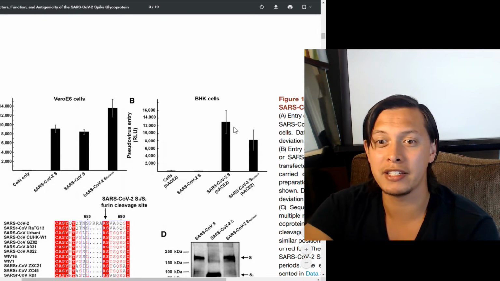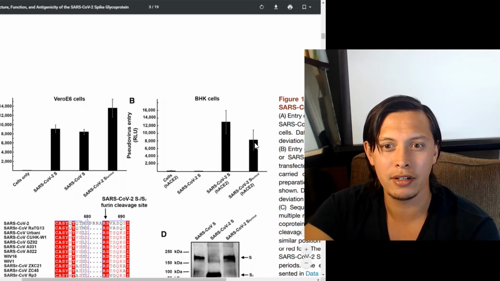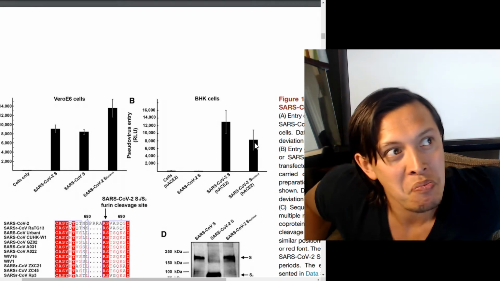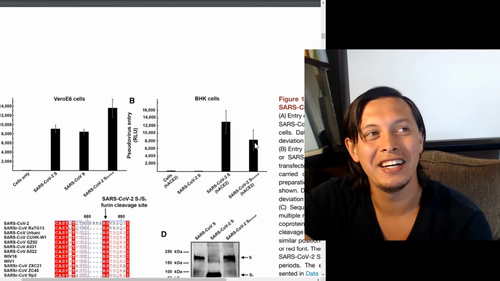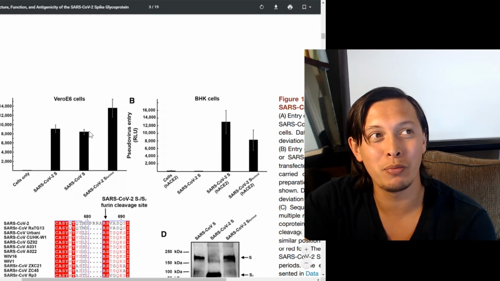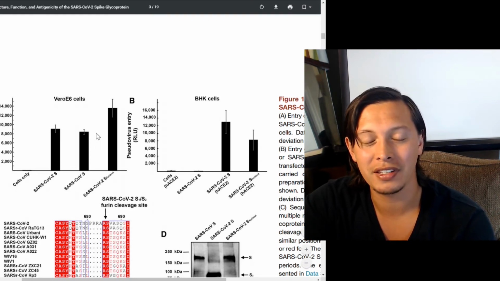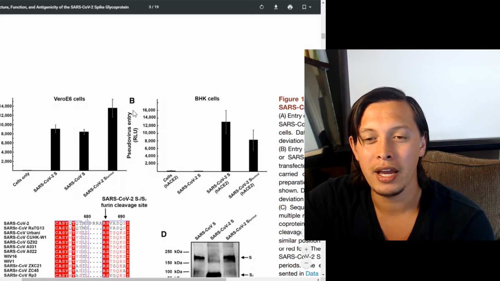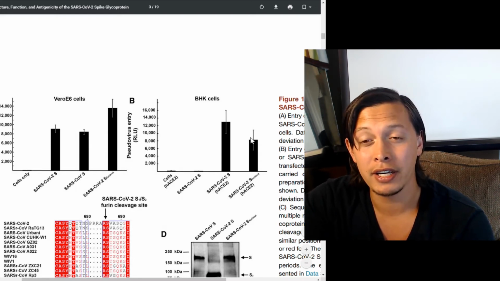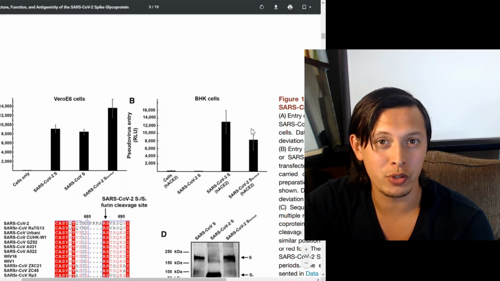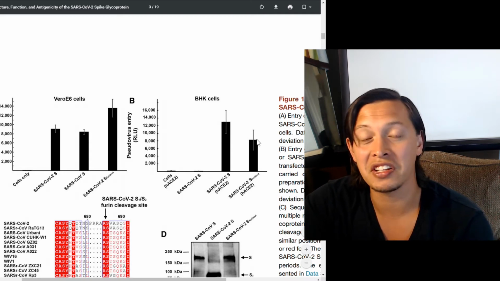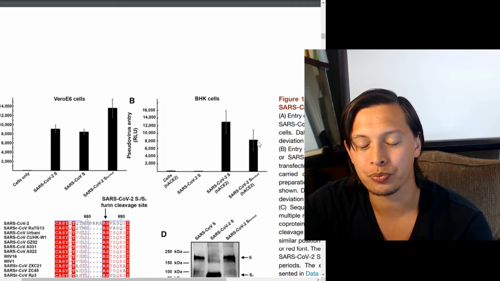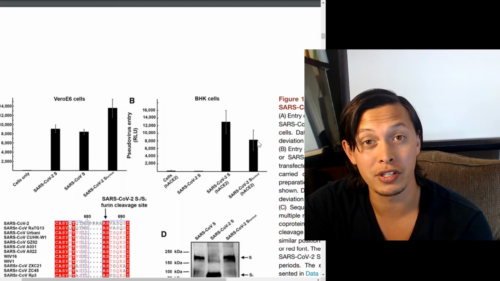But it decreases the ability to infect, wait, I gotta make sure that I said that correctly. So, even if you remove the furin, the virus is still able to infect this specific cell. And then if you remove the furin, it is less able to infect a more distantly related species of the original host, which in this case is a human.